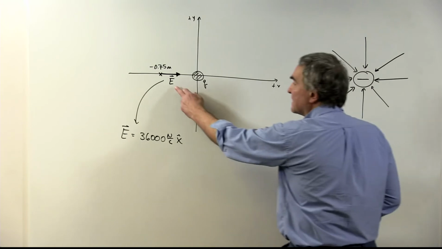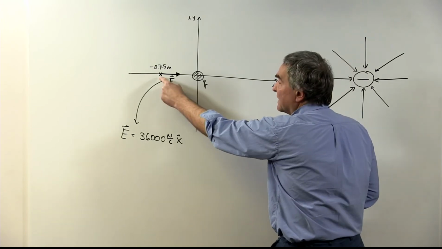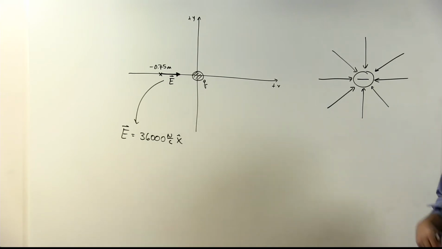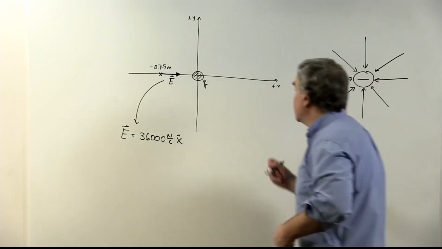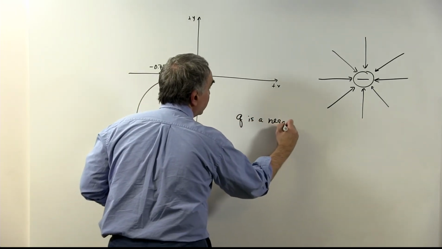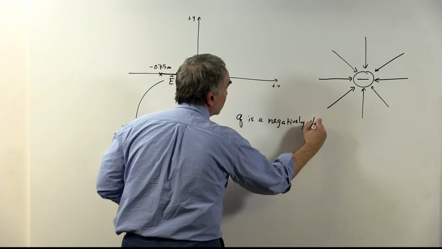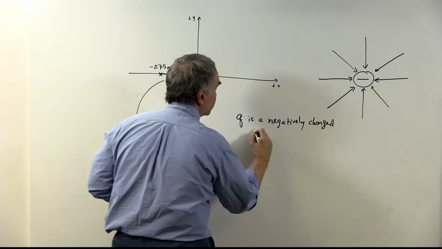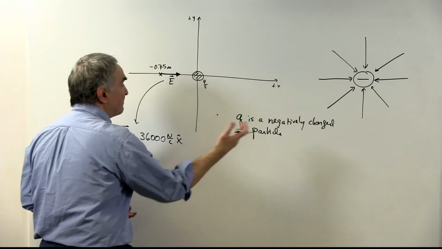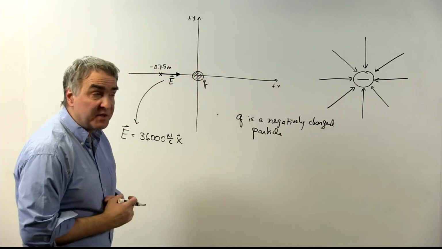What's happening with this electric field? Look at it. At that location, it's pointing inward toward the charge. Ergo, that must be a negatively charged particle. So Q is a negatively charged particle. That's the first part of the problem, the sign of the charge.